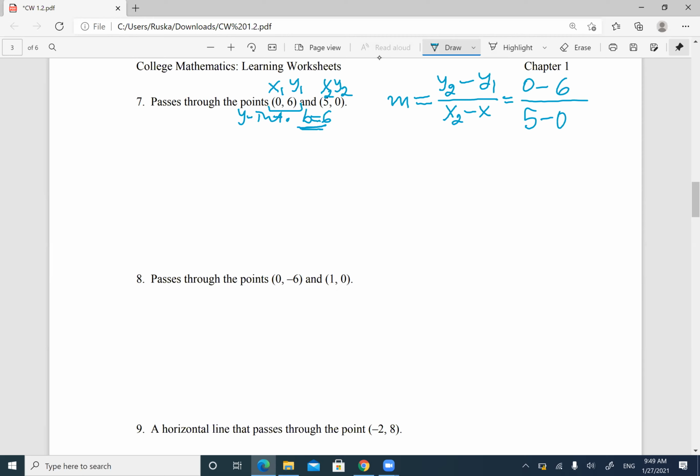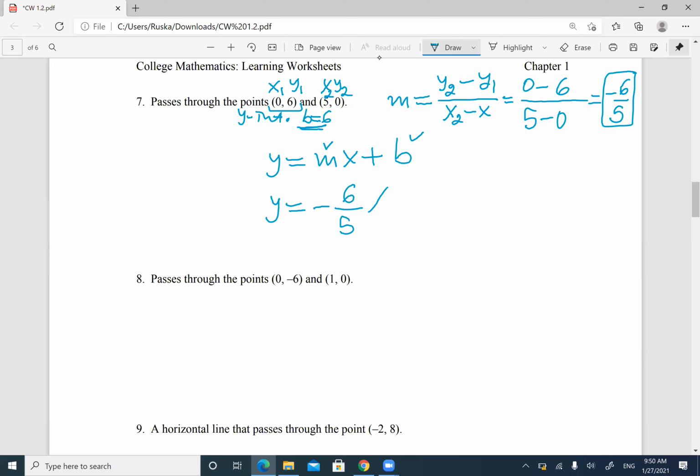So my slope is negative 6 over 5. That's my slope, and b is 6. So I'm just going to write the equation: y equals mx plus b. We plug in m, plug in b, and that's it. So we get y equals negative 6 over 5 x plus 6.